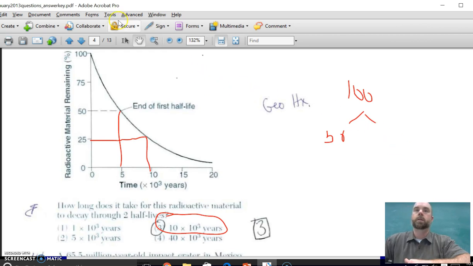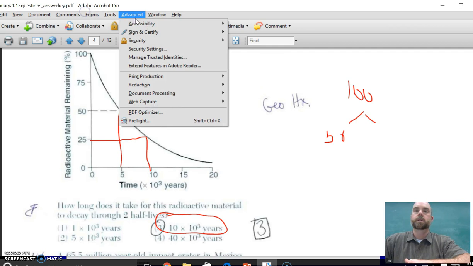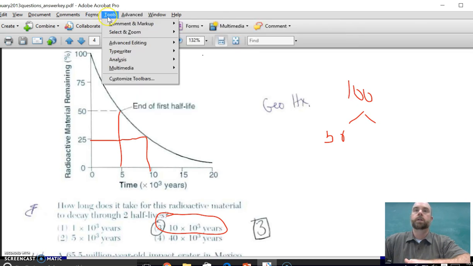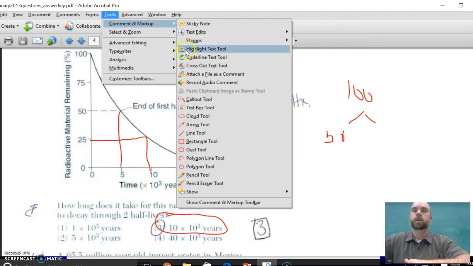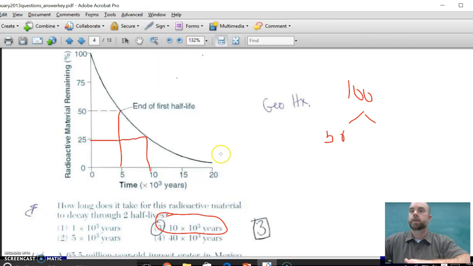All right, so let's go over to this wonderful advanced. We're going to go here, tools, comment and markup, pencil style. And then you're going to have 50% over here. So this is 1 half-life. Let's look at the second half-life.